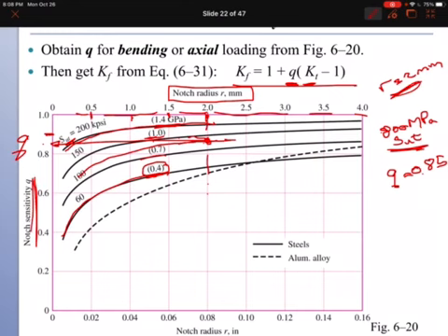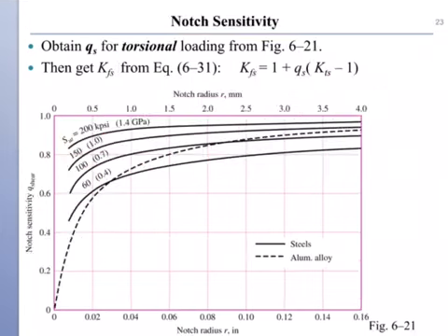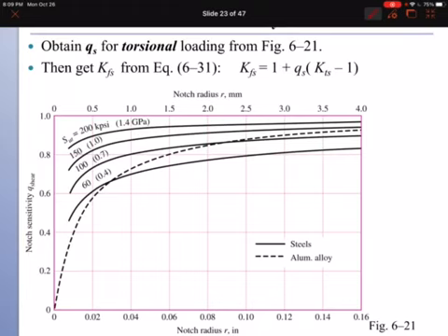Okay, so this curve can be used for any bending or axial load. If you have shear, then you must use this curve. Exactly the same procedure; the only difference is that you can see this S here. So this is notch sensitivity for shear, theoretical stress concentration for shear, and fatigue stress concentration factor for shear.